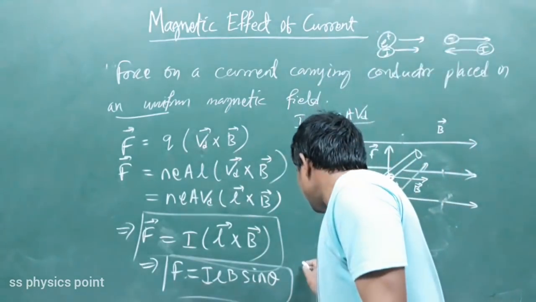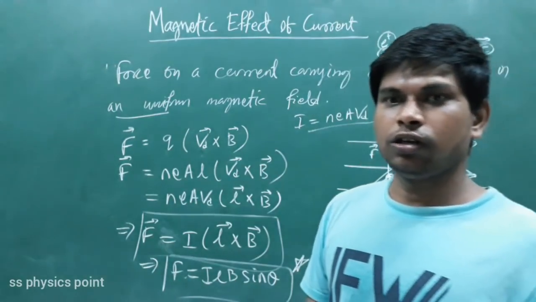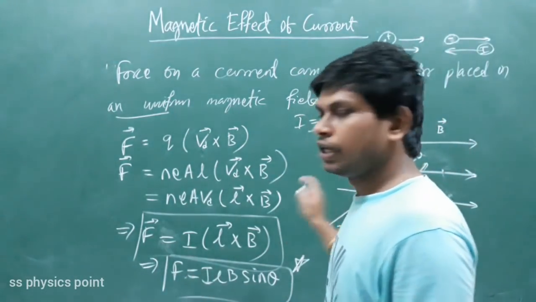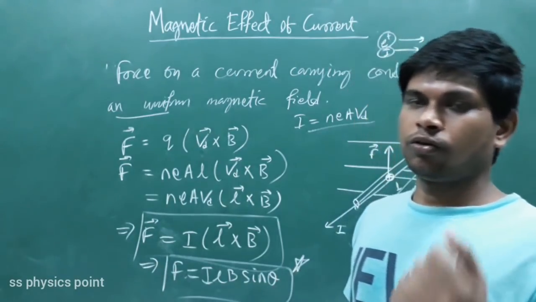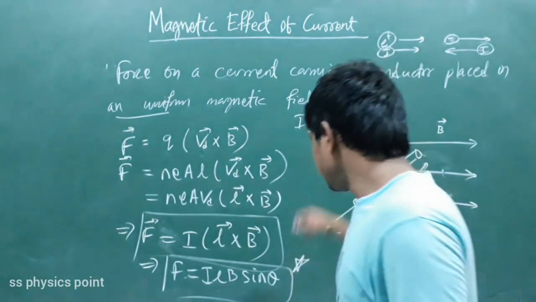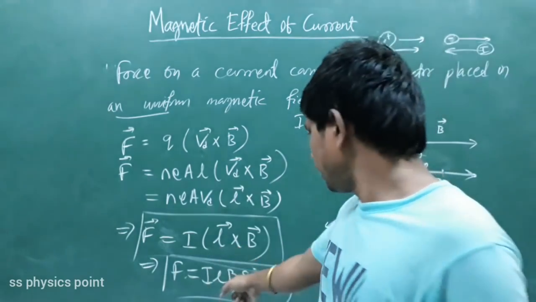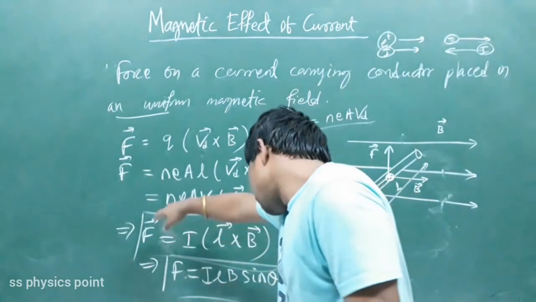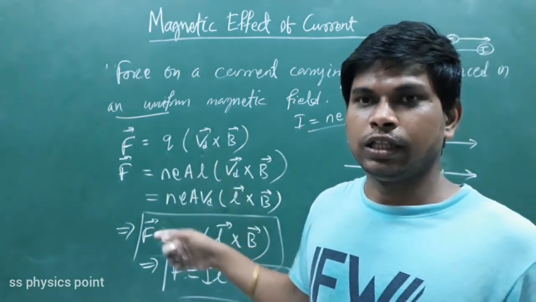This is very important. Those who are preparing for NEET, also JEE, also board exams, especially competitive examinations for those who are going to appear for medical or engineering, may be asked a question regarding this formula, F equals I L cross B, I L B sin theta.